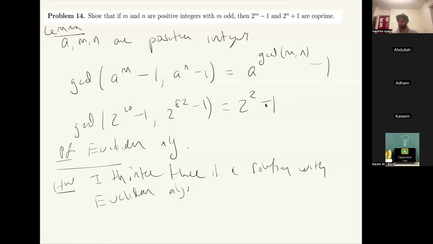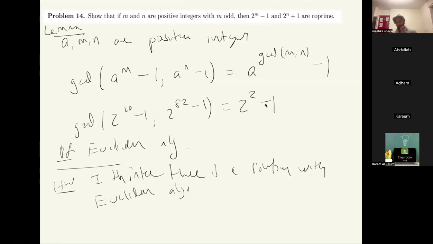So, what are we trying to prove? We're trying to prove that these numbers are co-prime, right? But another way of saying that is that they have no common prime factor. So another way of phrasing this problem is, you just want to show that M is the order.